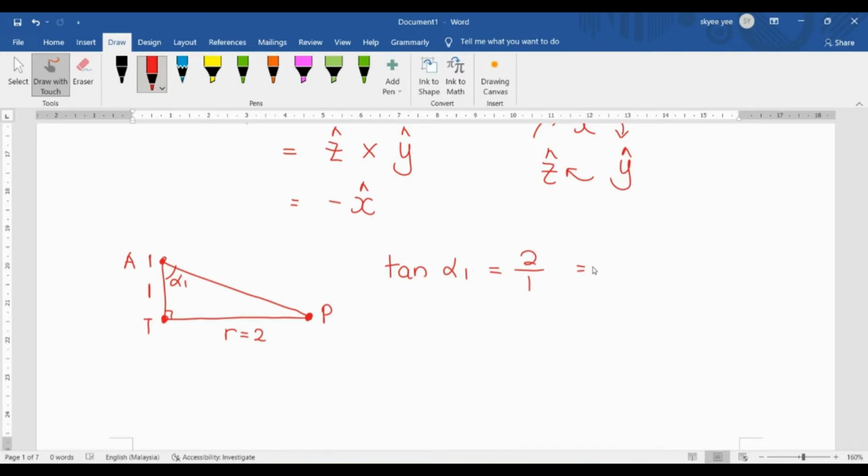If you want the angle unit to be degrees, you can change it to degrees. So the alpha 1 will be 63.43. This is your alpha 1.